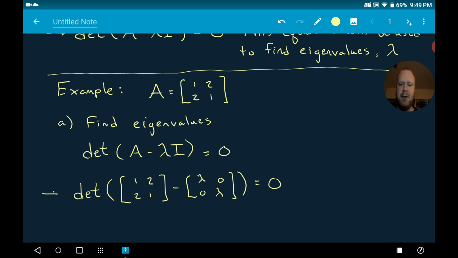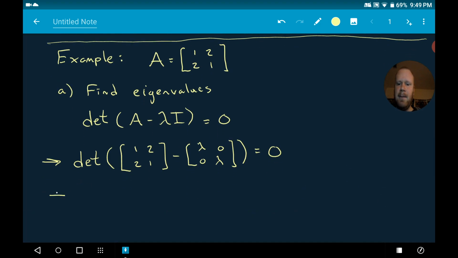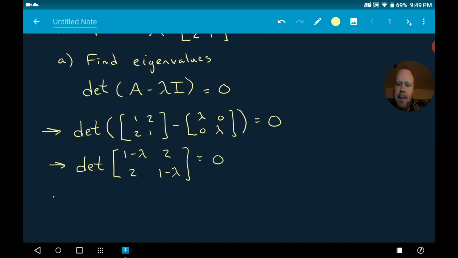And say that this is equal to 0 still. So we end up with something that looks like this. As you get more practice with this, you'll start to see that you can kind of skip these steps. I won't require you to show me this step here. I think skipping right to this is a little bit quicker.